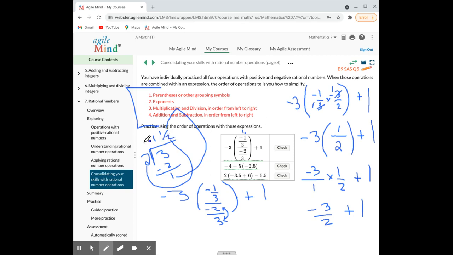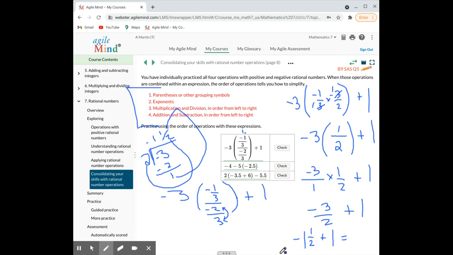So we get -1 1/2 plus 1. So what would we be left with? 2. -1/2 plus 2.